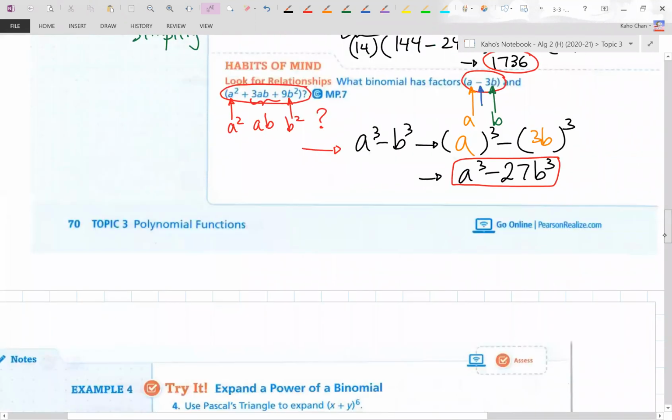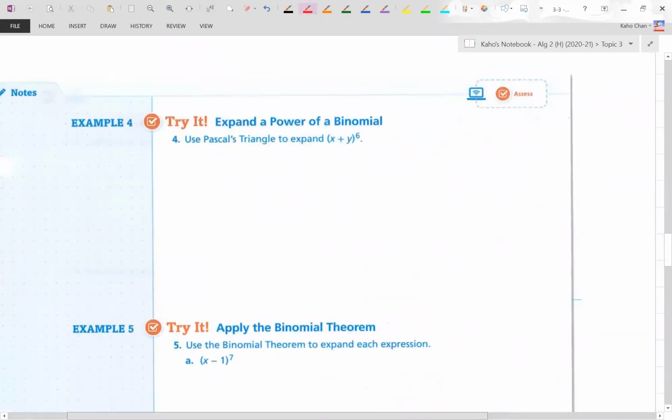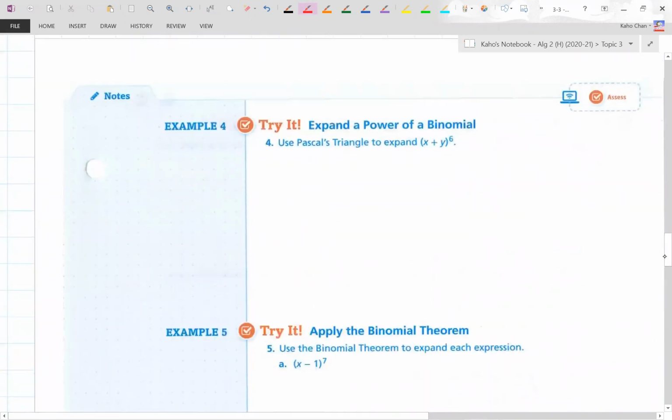Here we go. Example 4. At the beginning of this lesson, we saw Pascal's triangle. I'm going to go ahead and write it here on this page. Row 0, row 1, row 2, row 3, and so on.